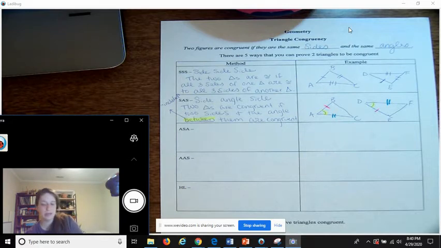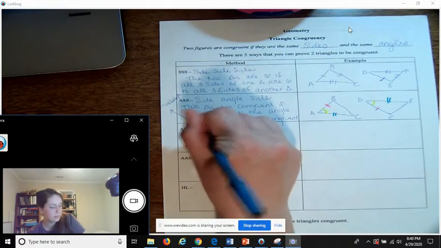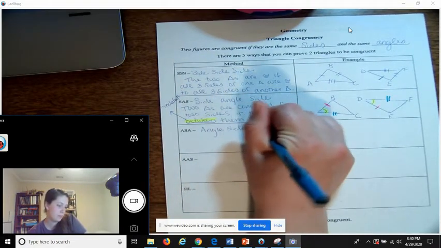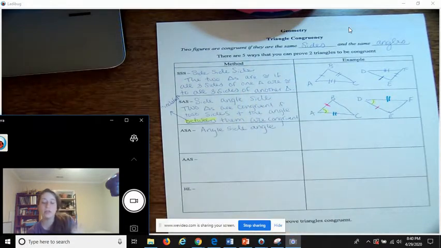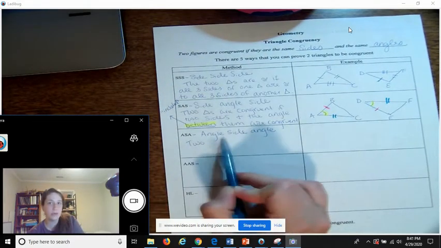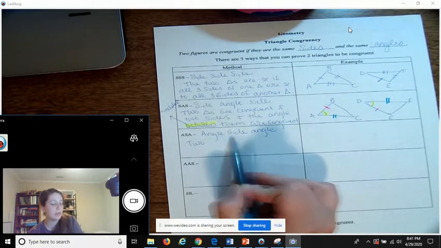The next one is angle side angle. Okay. 2 triangles are congruent if 2 angles and the side between them are congruent. So again, we can't have angle, angle, side. We have to have the side in between the 2 angles.